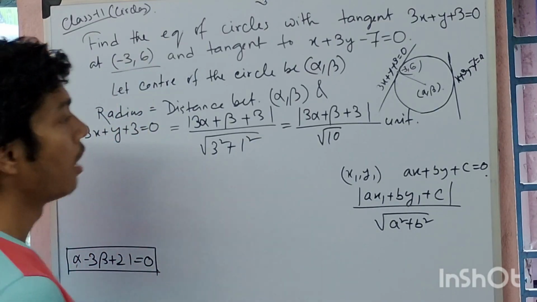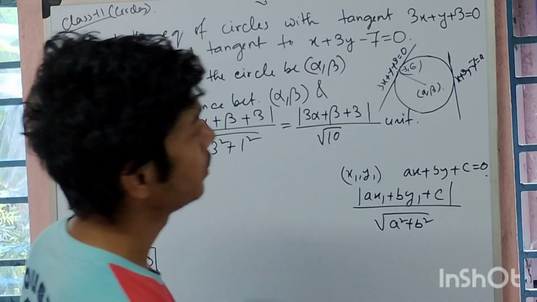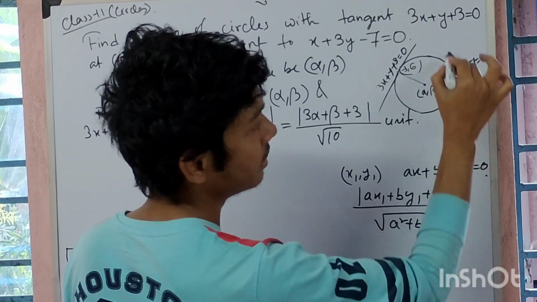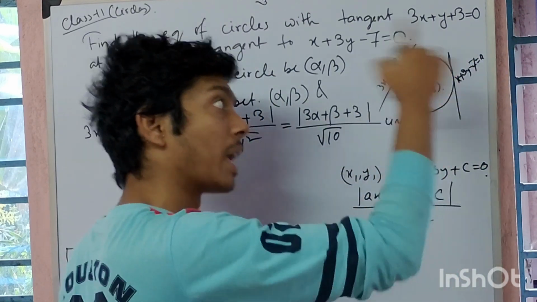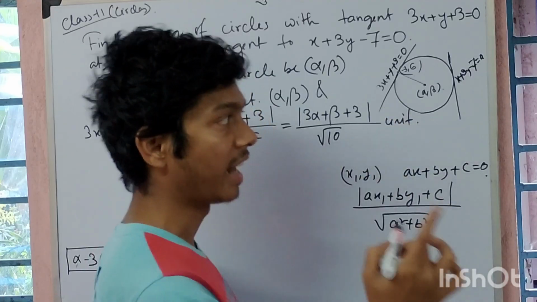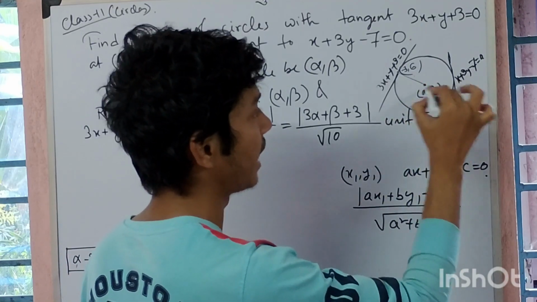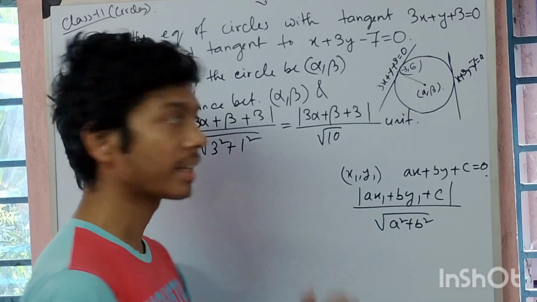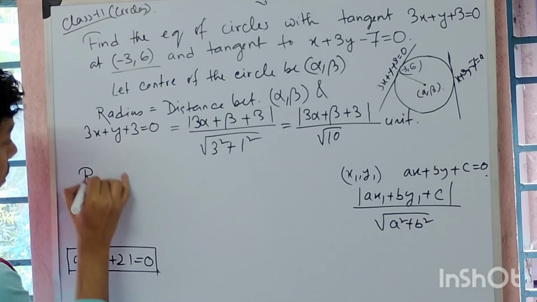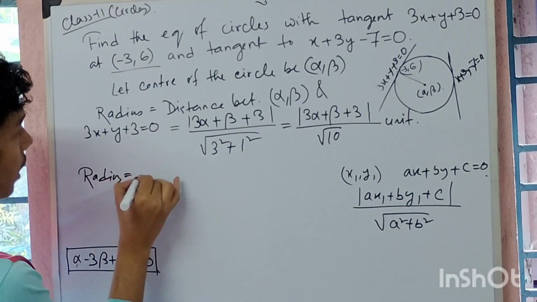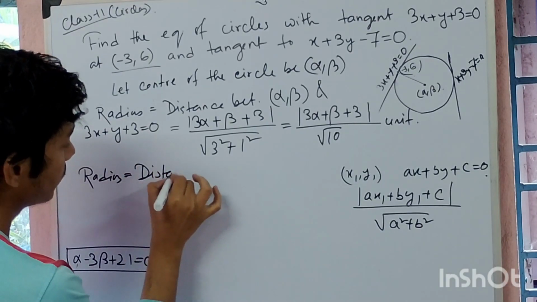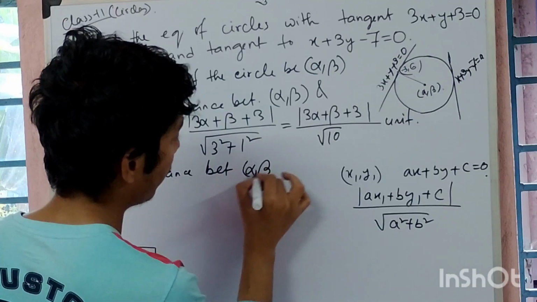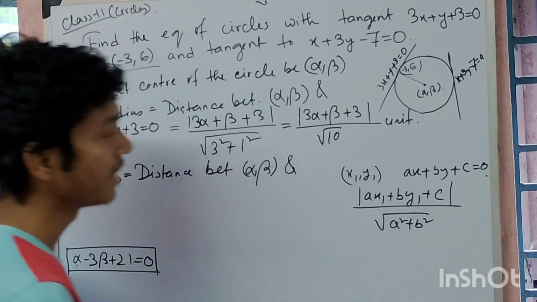Okay, fine. Now I should also find the distance between the center and the other tangent. The distance between the center and this tangent is also the radius of the same circle, and the distance between the center and the other tangent is also the radius of the same circle. So the radius equals the distance between my center, alpha beta, and this other tangent, x + 3y - 7 = 0.